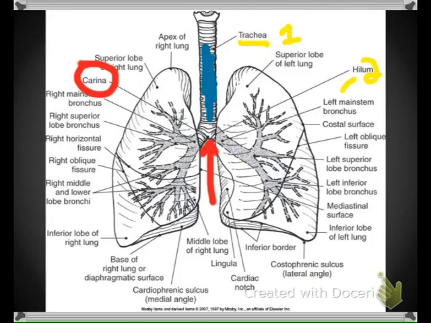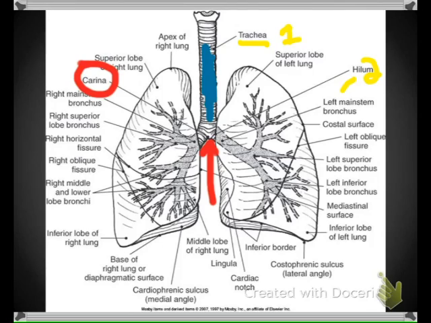This main stem bronchi then becomes the lobar bronchus, which are really not designated here. Then it becomes the tertiary bronchi, and then we ultimately work our way out into the alveoli.